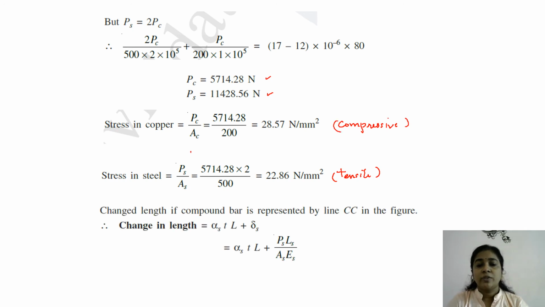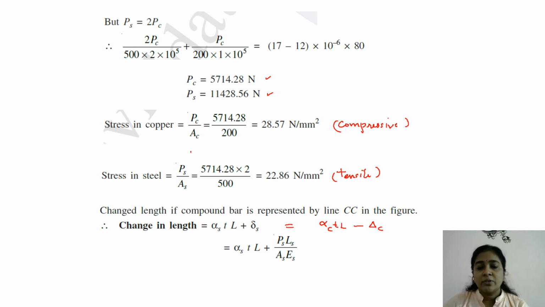Now you are asked to find out the change in length of the compound bar. The change in length is either given by alpha S into T into L plus delta S, or that is again equal to alpha C into T into L minus delta C. Both are the same because the final position is CC. You can obtain it from this.